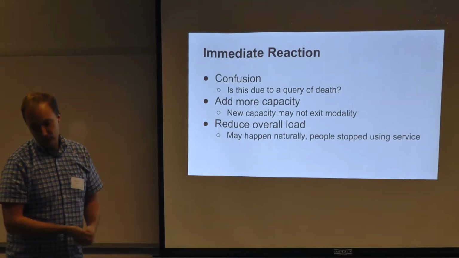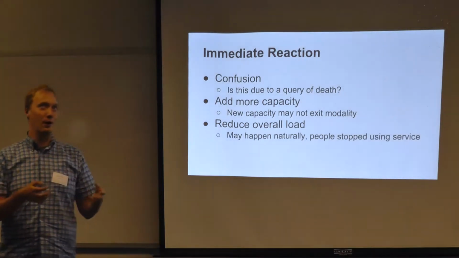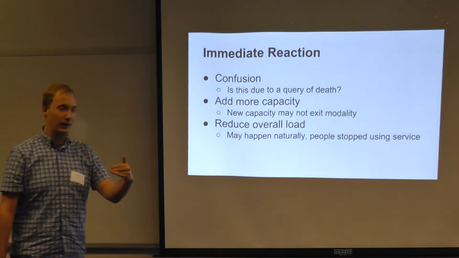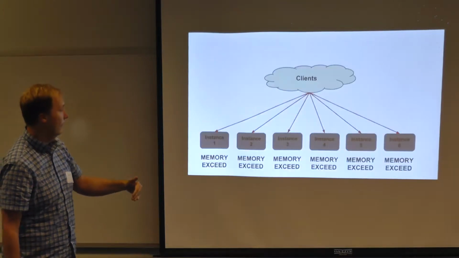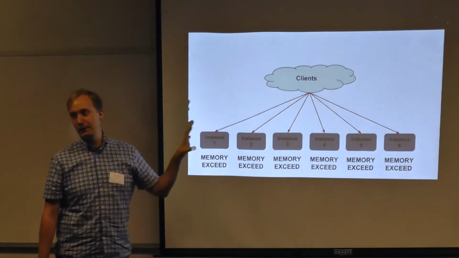Really the way that you fix this problem is maybe you add a little bit of load, but you have to cut off all of the requests entering the system, so that all of these instances have a chance to restart and recover.